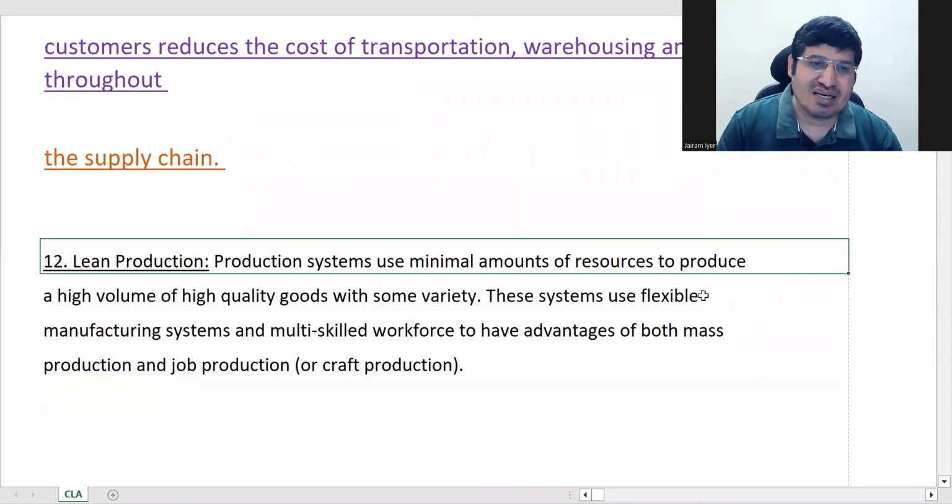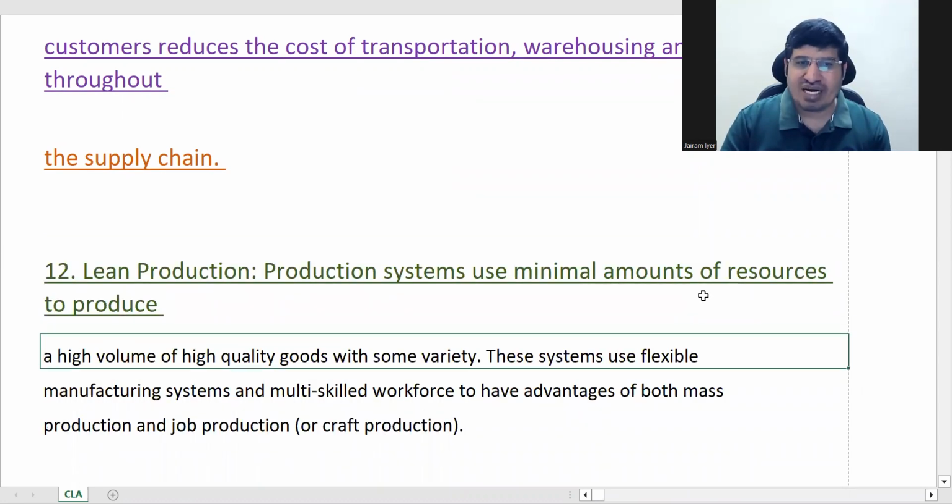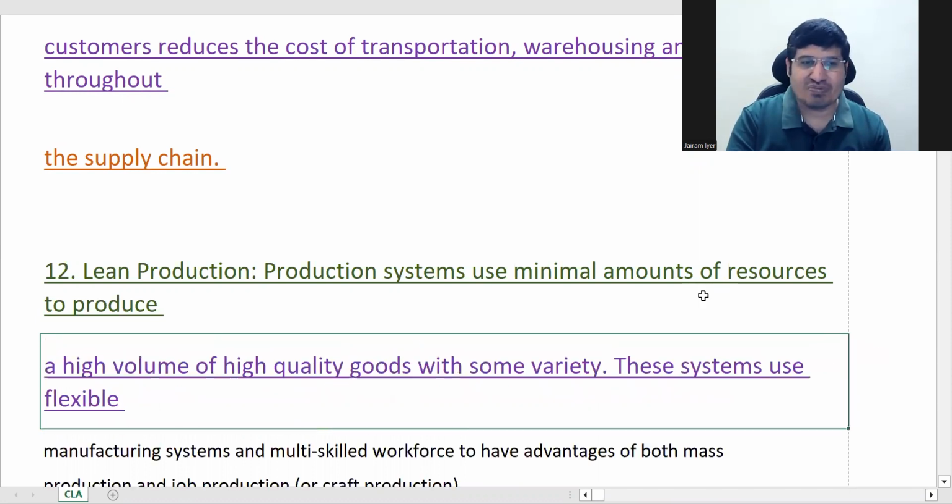Okay, last is lean production system. Lean production system means they create a factory in such a way that using the same machinery, lots of things can be produced. Too much variety can be produced with the same configuration. That kind of system is a lean production system.